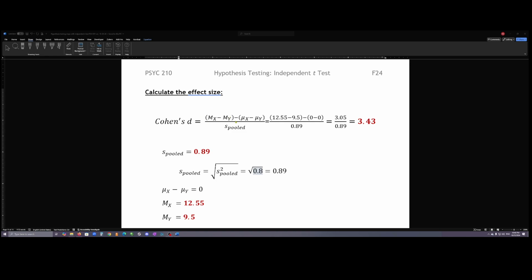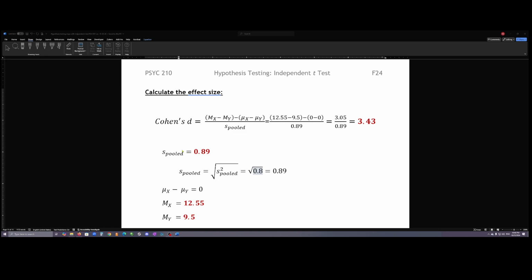So that formula has the difference between the means of our groups, subtract the mean of the comparison distribution, and then divide by the standard deviation of the pooled estimate that we got. So, as far as getting this number, this S pooled, we have to take the pooled variance, S squared pooled, and take the square root. So that was 0.8. Take the square root of that, it's 0.89.